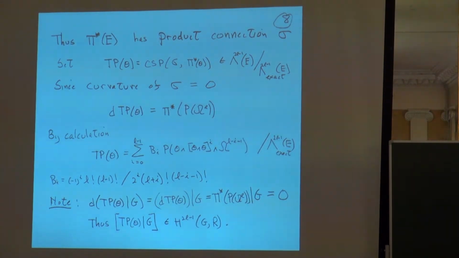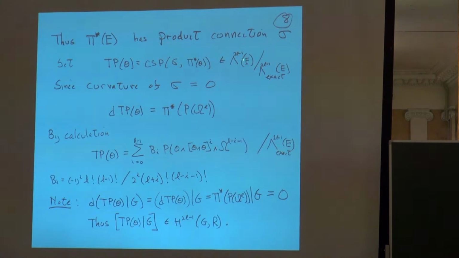And the curvature of one of those, here's the product connection up there, it's a trivial connection. The curvature is 0. So when you go up there and you look at this CS term, the difference of the two connections, it really only depends on the first connection because the other one is trivial. And so you get a form, TP theta, upstairs in the principal bundle itself.